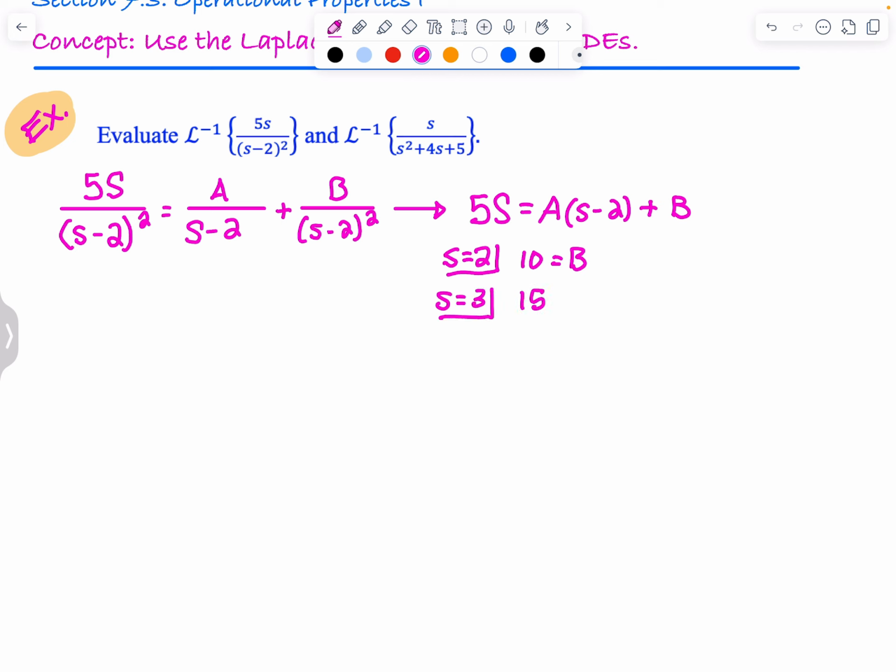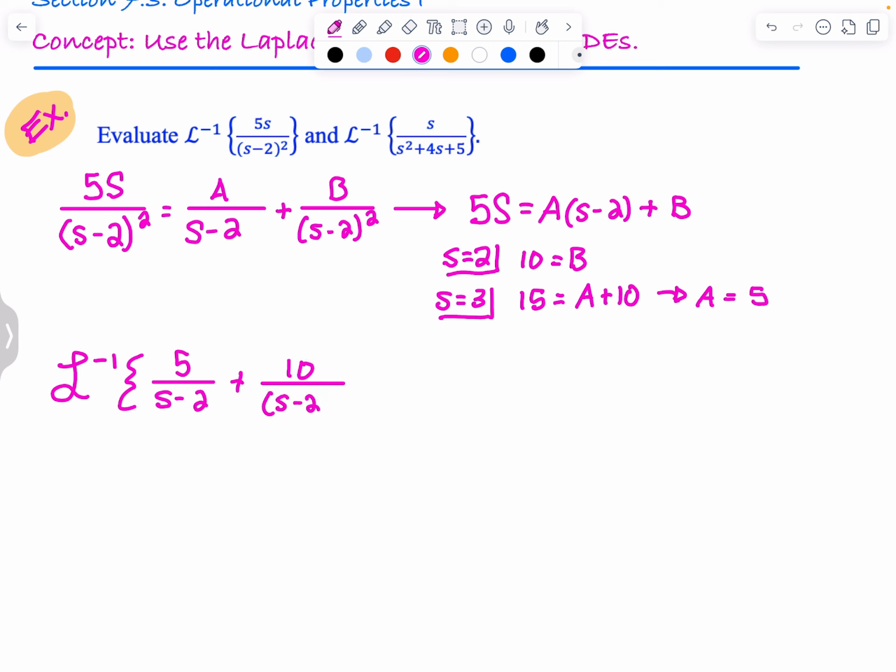I get 15 equals A plus 10, which tells me that A is 5. Okay, so I'm going to rewrite, we're doing that top one still, or the left one. So I'm going to rewrite it to 5 over s minus 2, and then plus 10 over s minus 2 squared.